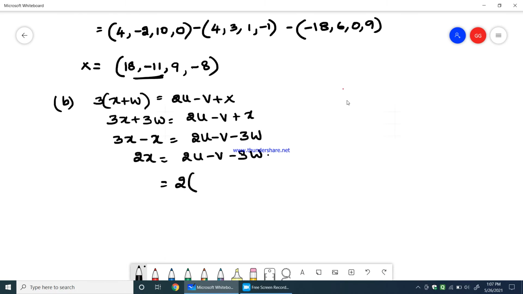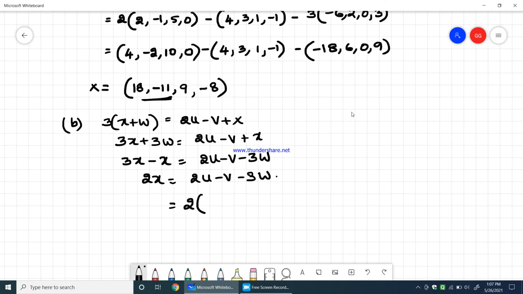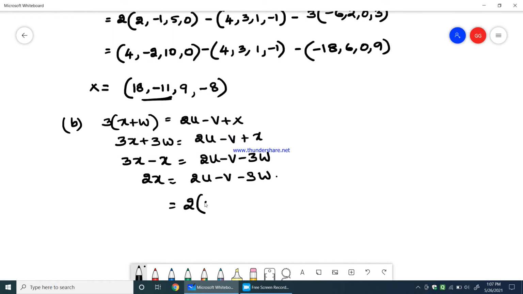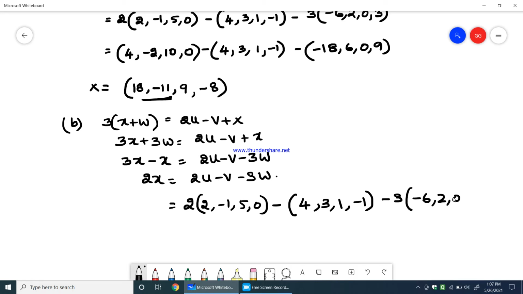U is 2 comma minus 1 comma 5 comma 0 minus v, v is 4, 3, 1 and minus 1, minus 3 into w, which is minus 6, 2, 0, 3. So this would be equal to 2x equal to 2 2s are 4 minus 4 is 0, minus 3 into minus 6 is 18.